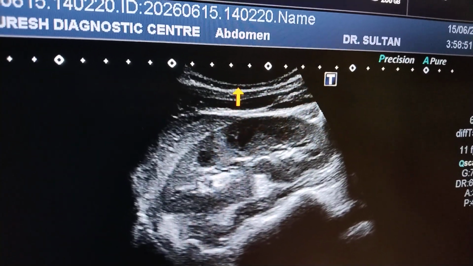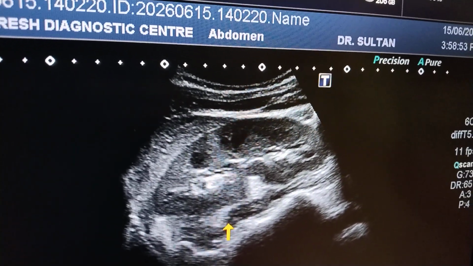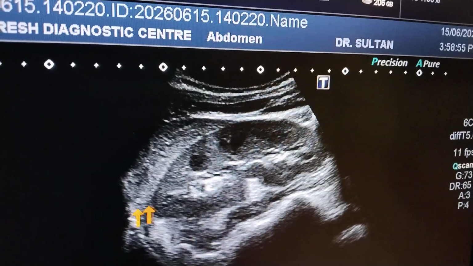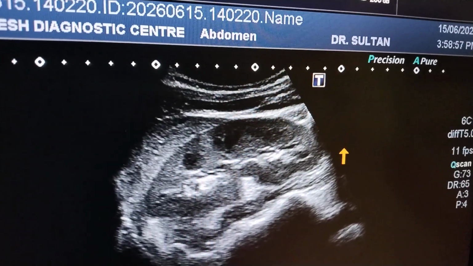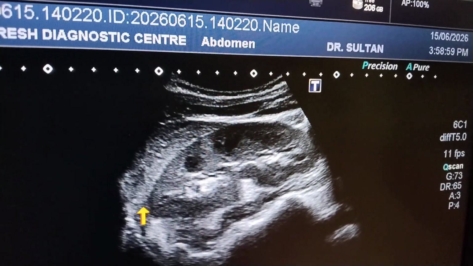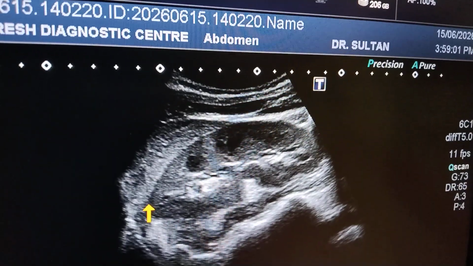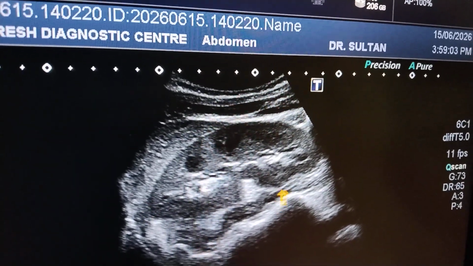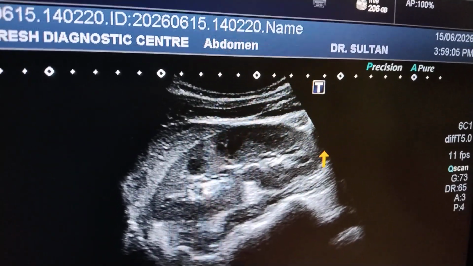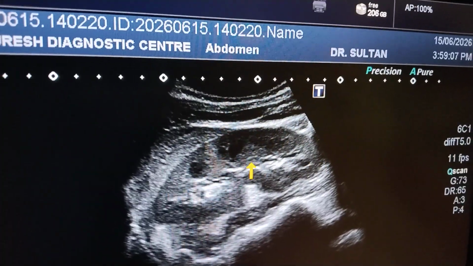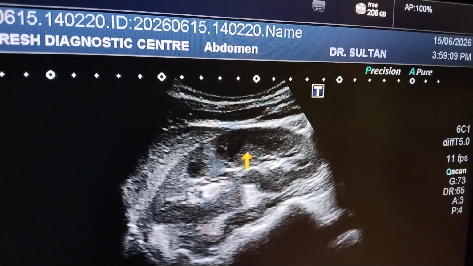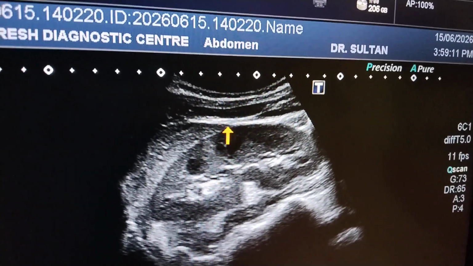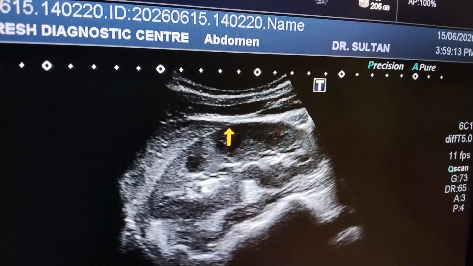This is the anterior, and this is the posterior, this is the superior, and this is the inferior region. So at this side is the upper pole, superior pole of the kidney, and this is the inferior or lower pole of the kidney. And in between is the interpolar region.